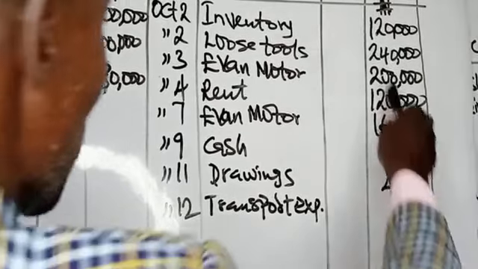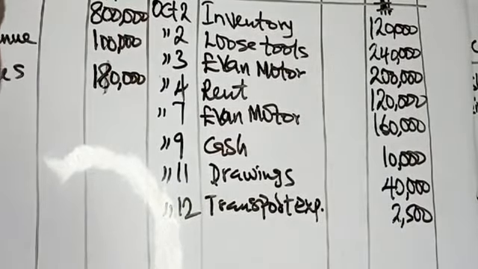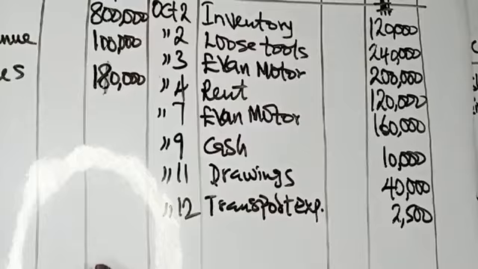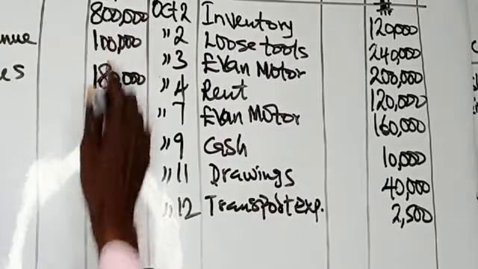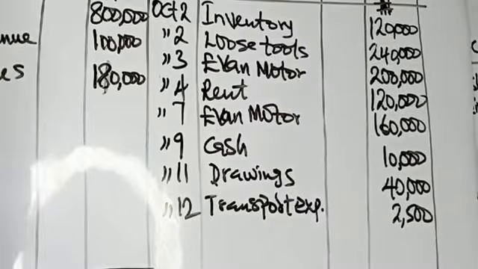The credit side is totaled 892,500, and the debit side is totaled 1,080,000 naira. That is the total of the debit side.